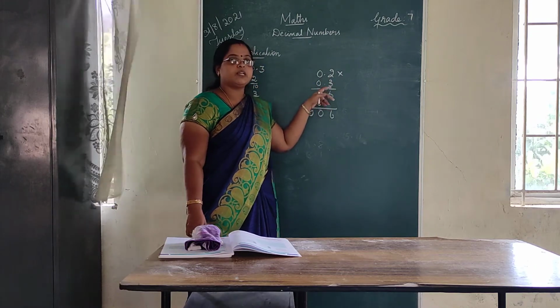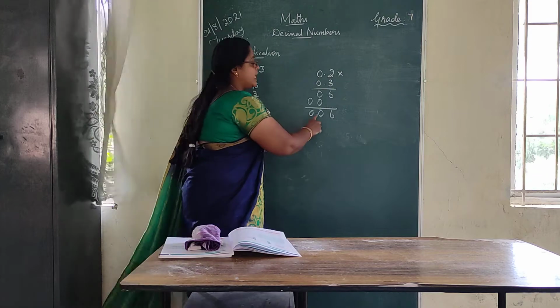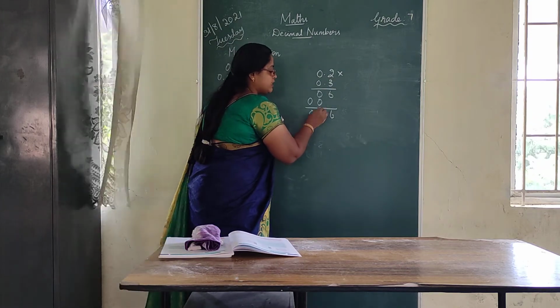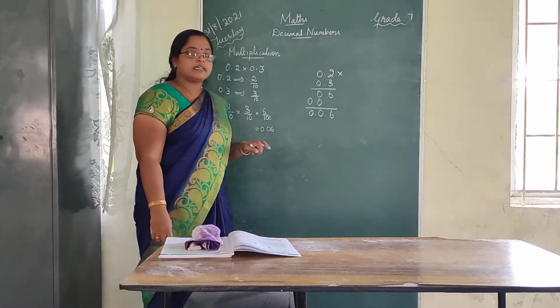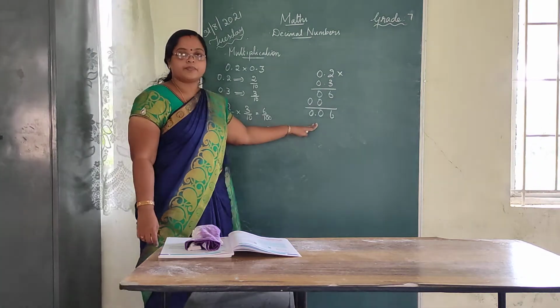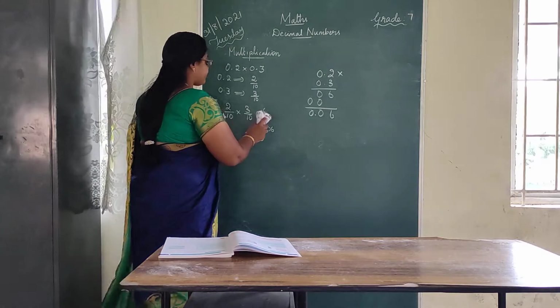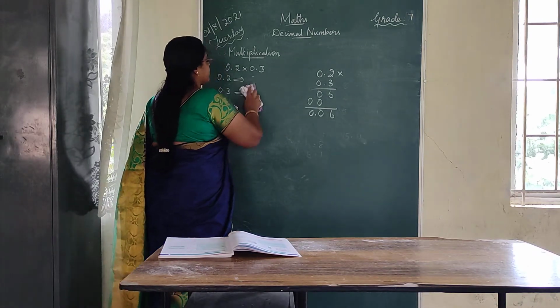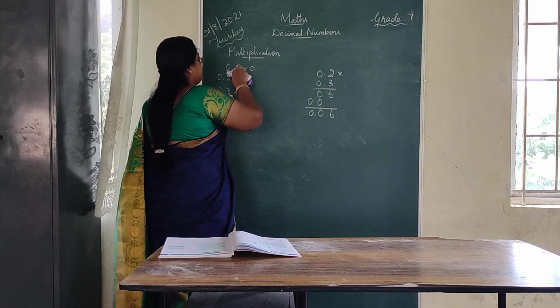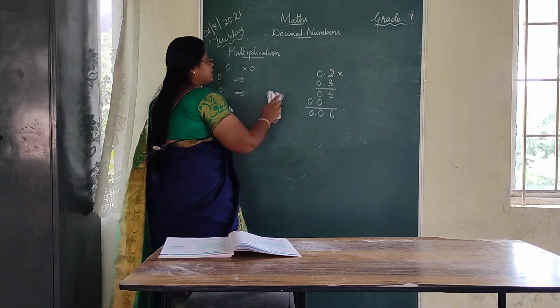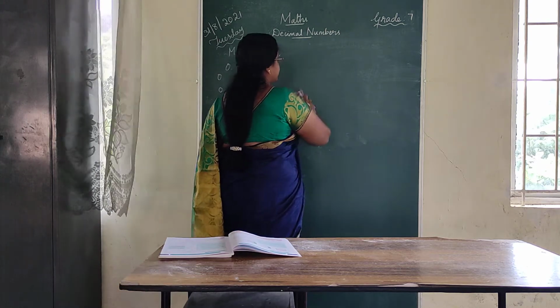Total number of decimal values is 2. So you have to leave 2 decimal places. Do you understand? So we got the same answer. For your understanding, I am giving another question also.